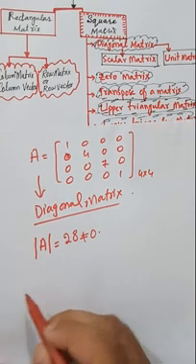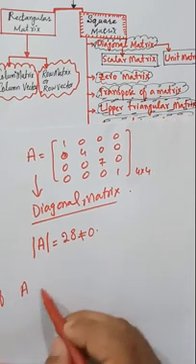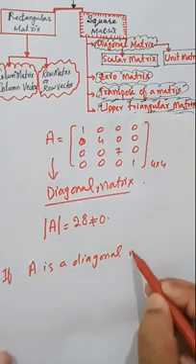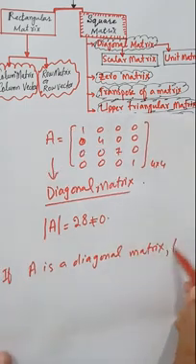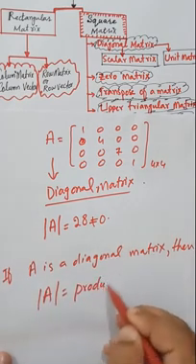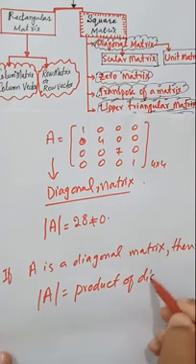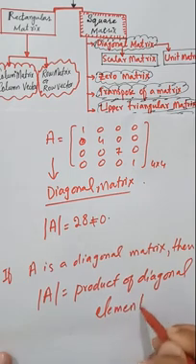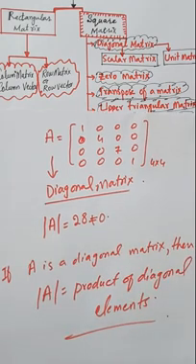So in general, if A is a diagonal matrix, then the determinant of A is equal to the product of the diagonal elements. This is the extra point which I explained. So these are the types of matrices.